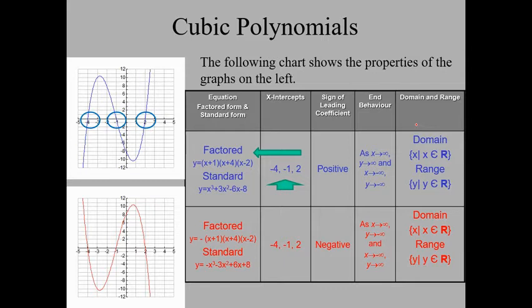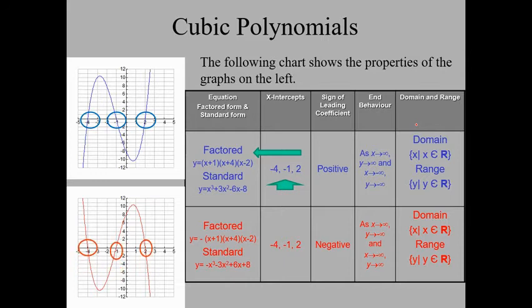And then you can FOIL it out in order to get your standard form of x cubed plus 3x squared minus 6x minus 8. The sign of the leading coefficient is positive, and then you can see how your end behaviors work. And look at the domain and range, all real numbers. Let's look at the next one.